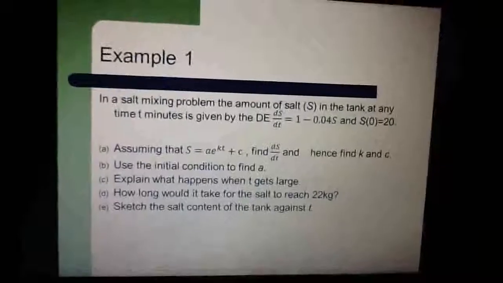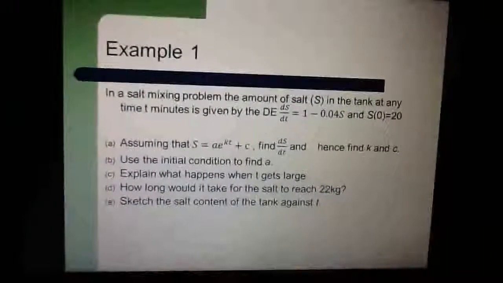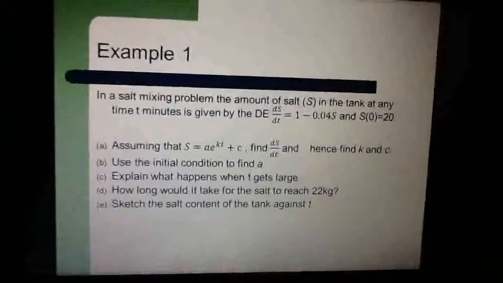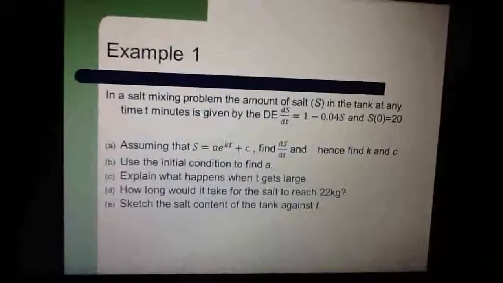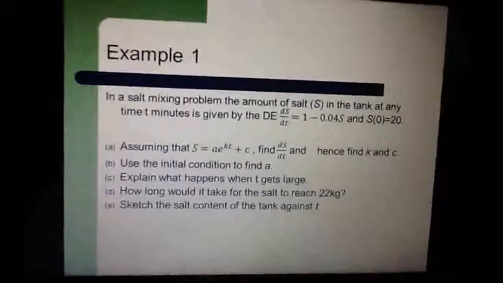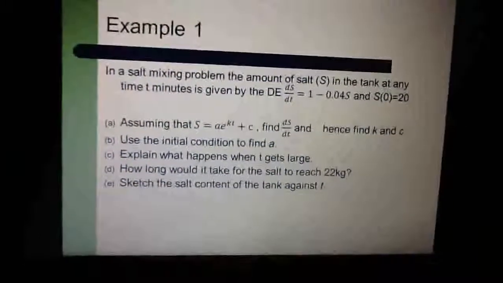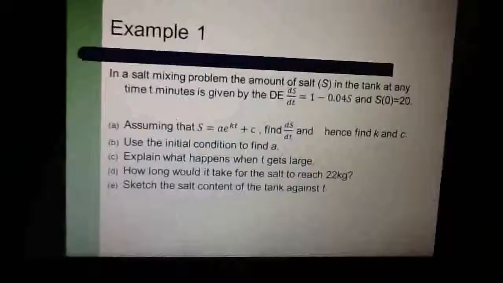Part A. Assuming that s equals ae to the power of kt plus c, find ds/dt, and hence find k and c. Part B. Use the initial condition to find a.